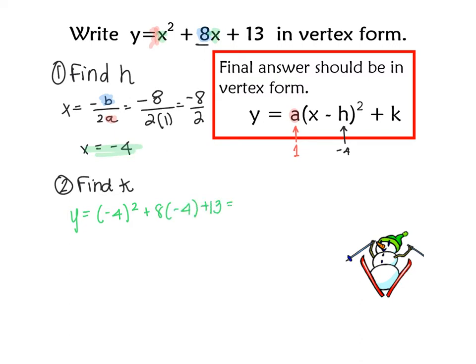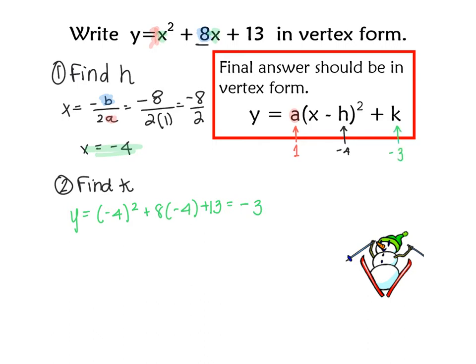Remember, when you're plugging something in, you have to put it in parentheses. If you don't, you will not get the right answer. And then feel free to just type that into a calculator and have it simplify for you. And so once I put this into a calculator, I get negative 3. So k is negative 3.